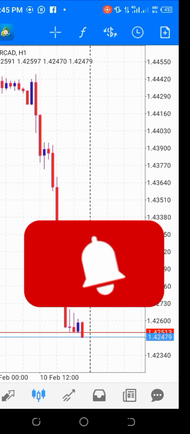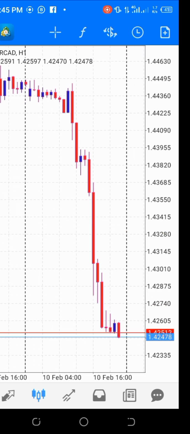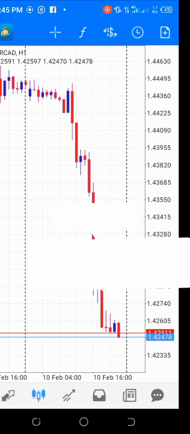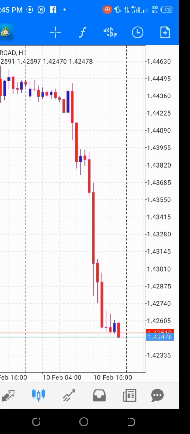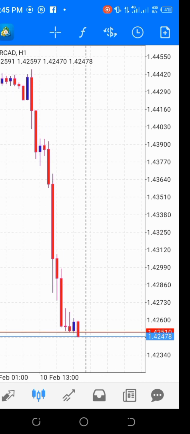If you look at this point on my left, it has fallen from 1.4449.5 down to about 1.42479. We say the market has decreased.